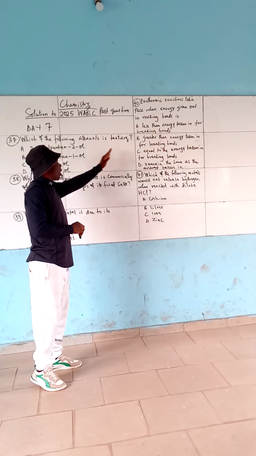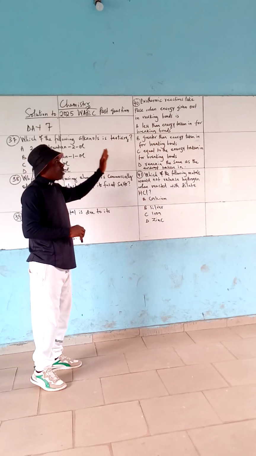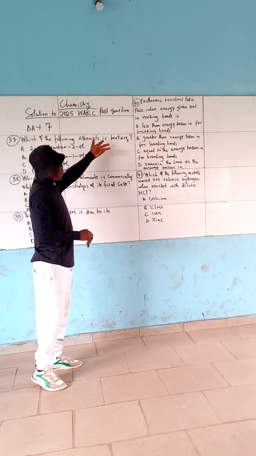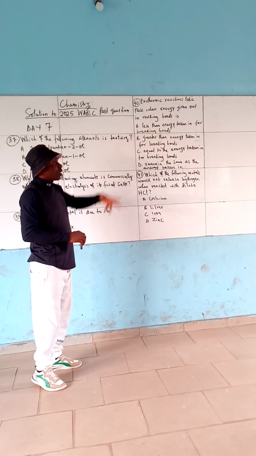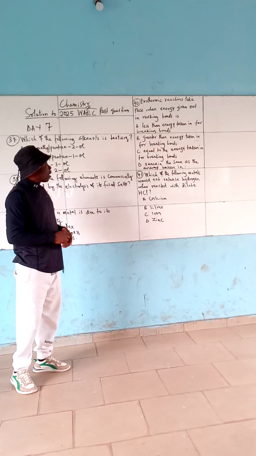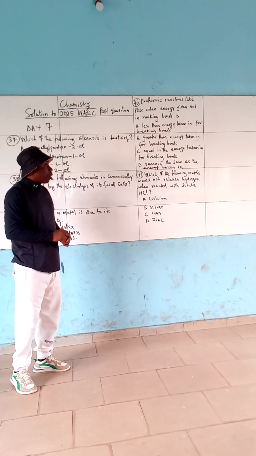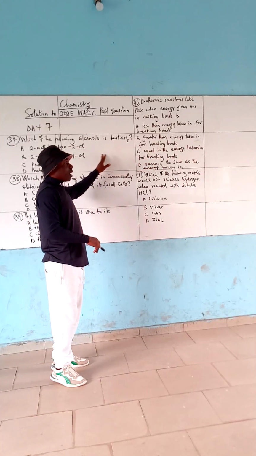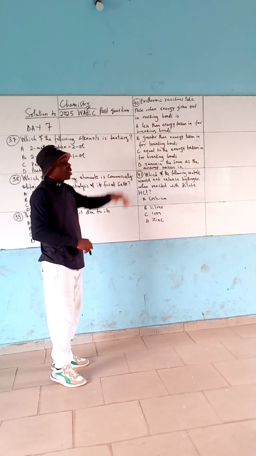We have primary alkanols, secondary alkanols, and tertiary alkanols. But depending on the number of hydroxy groups present per molecule of an alkanol, we have monohydric alkanols, dihydric alkanols, and trihydric alkanols.